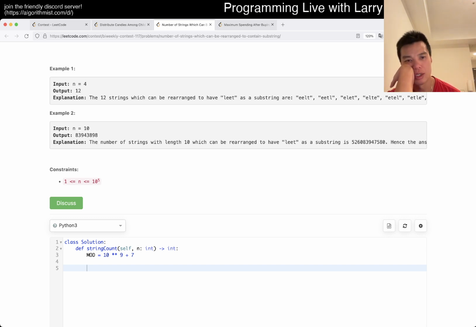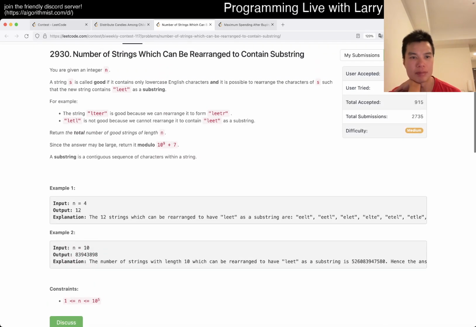Because I cannot treat them as different. That's why I'm double counting. Okay, so that's what we're trying to do.